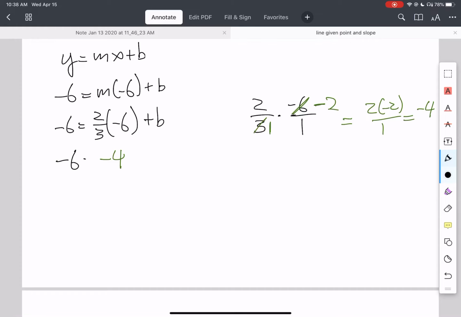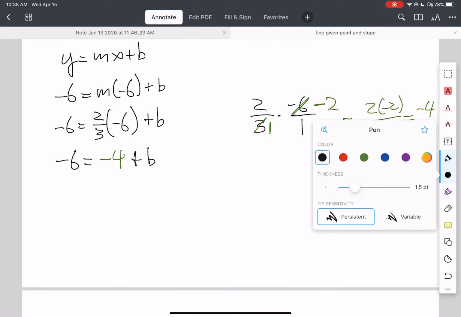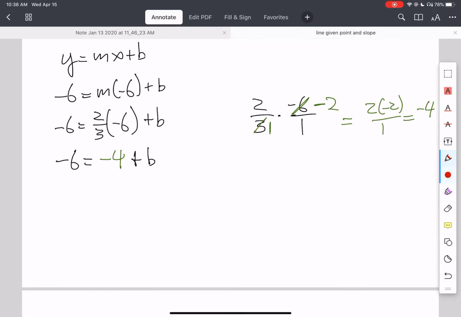So negative 6 is equal to negative 4 plus that b value. Next step is to subtract negative 4 over, so minus negative 4, which in other words is plus 4.